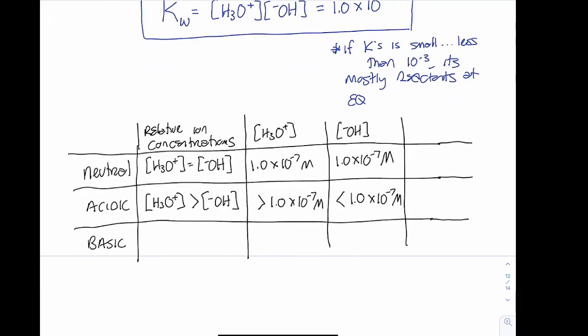If it's basic, the opposite: my hydronium ion concentration is less than 1.0 times 10 to the negative 7th molar, and my hydroxide ion concentration is greater than 1.0 times 10 to the negative 7th molar.